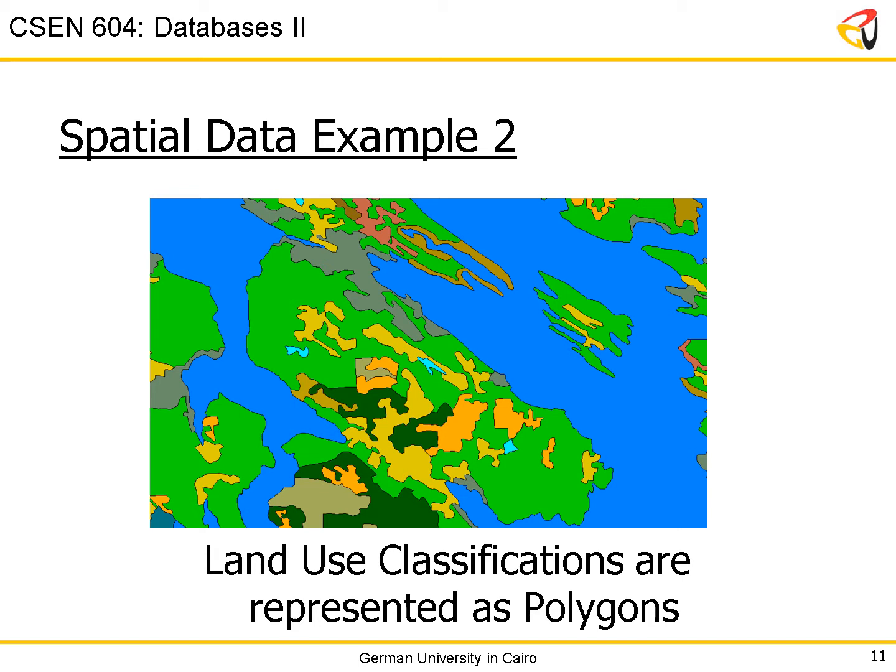Now, this is how governments usually conduct proper governance, by storing and tracking data. So the different colors here would mean different things. For example, different agricultural crops planted there. The blue areas could be a river or a lake. And the boundaries of this are all stored in a spatial database.